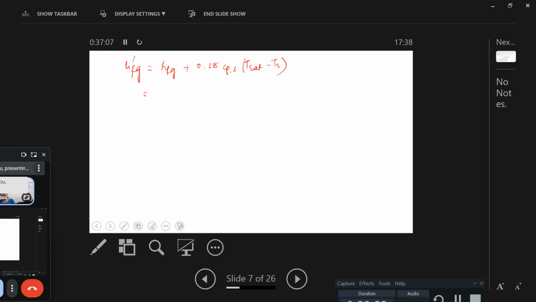So HFG prime is 426 into 10 cube plus 0.68 into Cp, which is 4180, right?